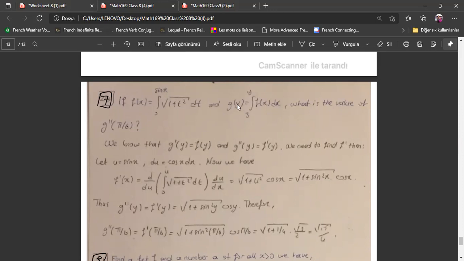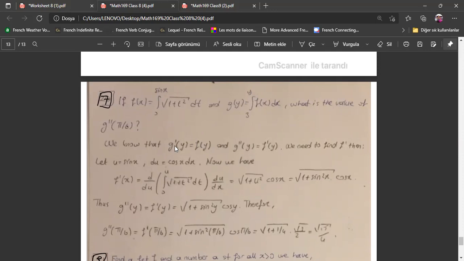So g prime of y is equal to, here we have some constant, we have variable y, so applying the fundamental theorem, we get f of y, right? So just plug x equals to y, we will get f of y there.